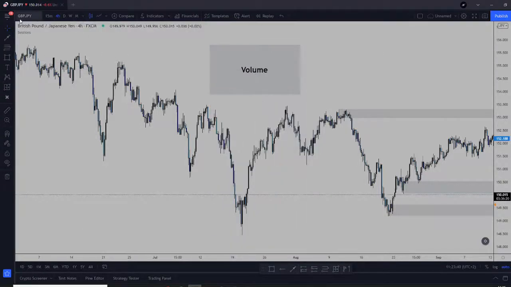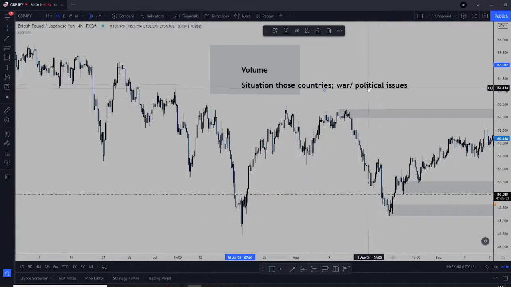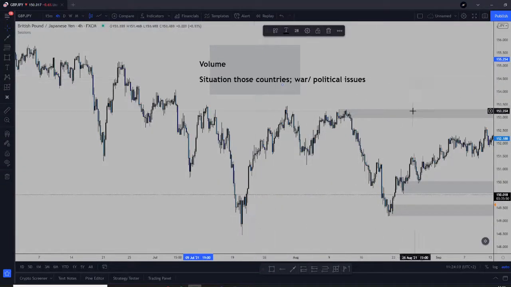With volume, I mean, if we're looking at the pound and the yen, those are both currencies that have so much volume. Then you also need to understand the situation between those two countries. Do they have war or lots of political issues and all that stuff? You need to understand this as well.